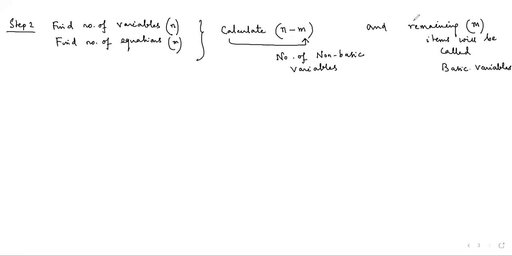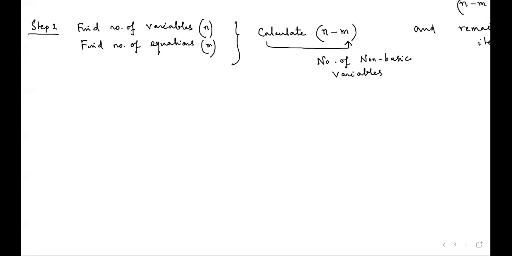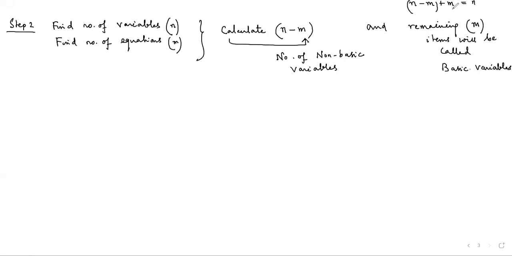Why the remaining m items? Because if I add n minus m with m, we get the total number of variables. So if you are calculating n minus m items here, the remaining must be equal to m, so that the total is n.